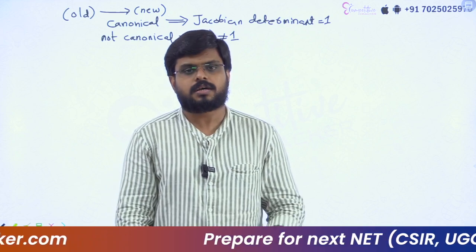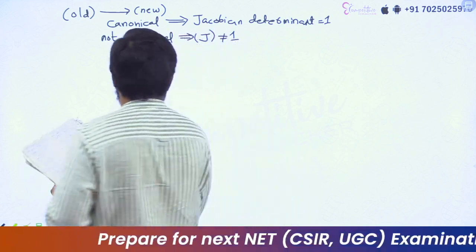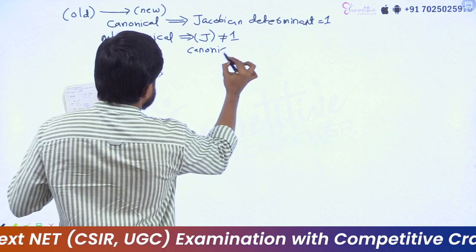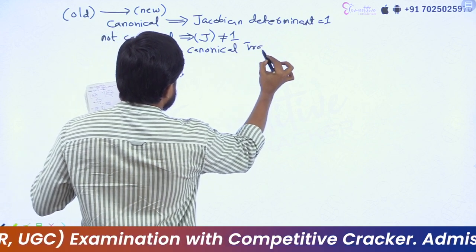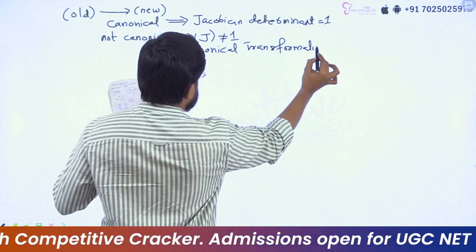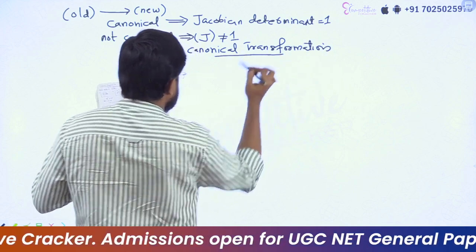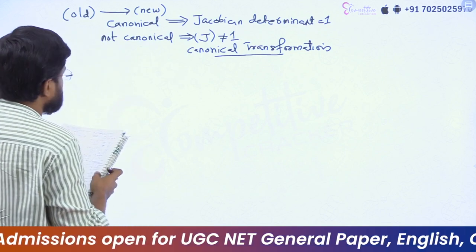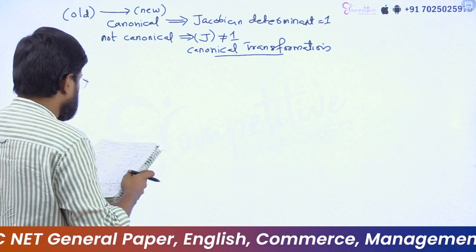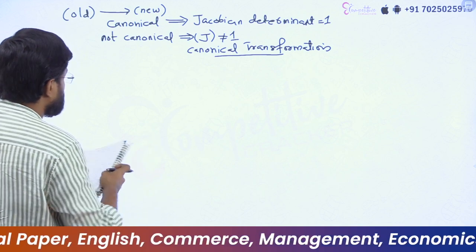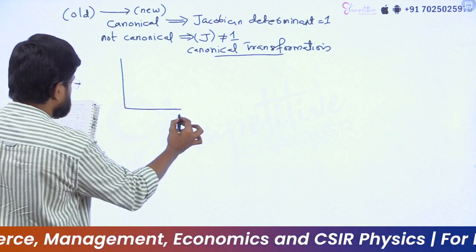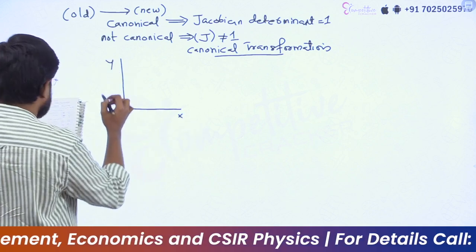So what are these canonical transformations? It is a transformation from one coordinate system to another coordinate system. This is my old coordinate system, with some x coordinate and y coordinate.